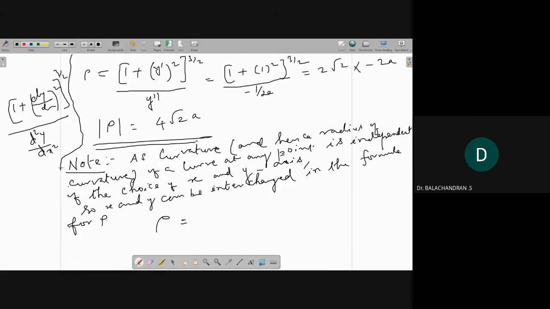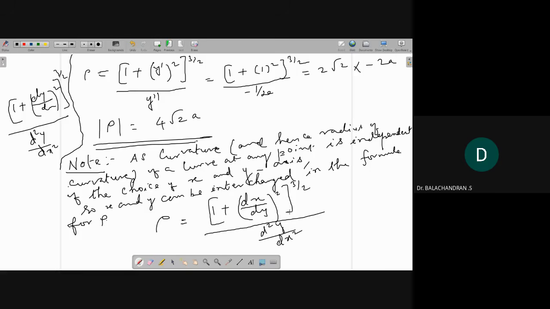Now I am going to interchange x and y, then we get 1 plus dx by dy whole square, whole power 3 by 2, divided by d square x by dy square.